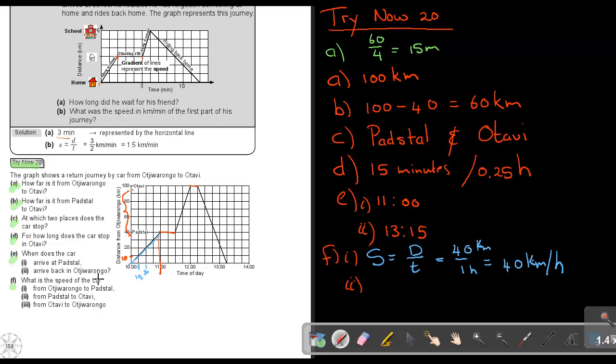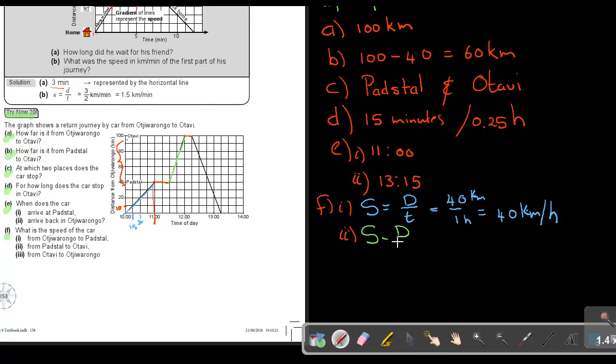Then the second one, from Padstal to Utawi. So again, speed is distance divided by time. What is the distance? We already determined that that distance was 60. Can you remember? Now, what is the time? It's from here up to there.